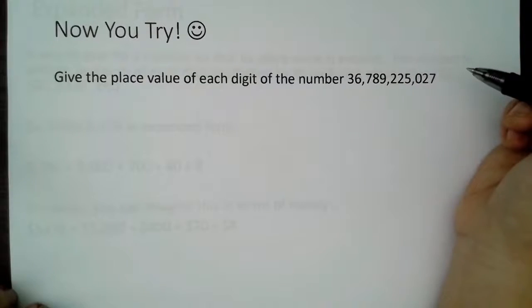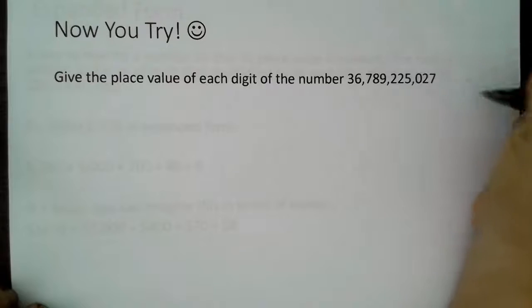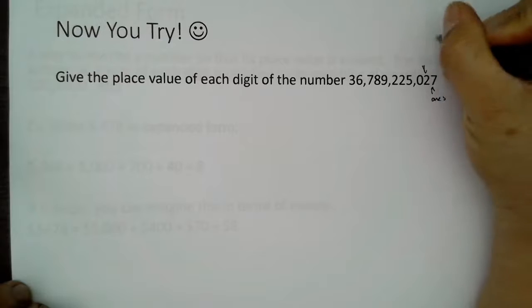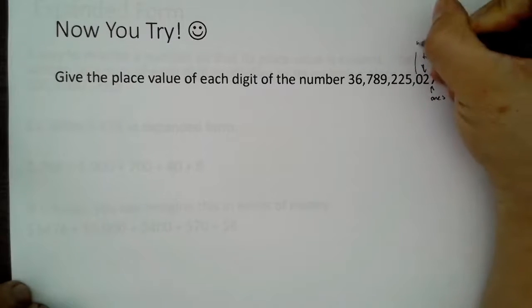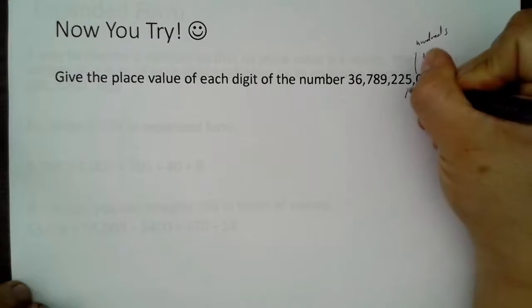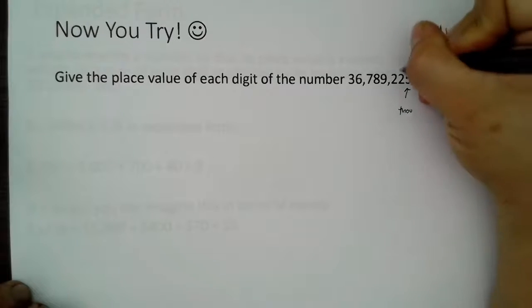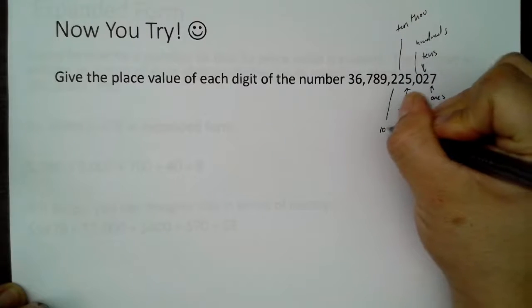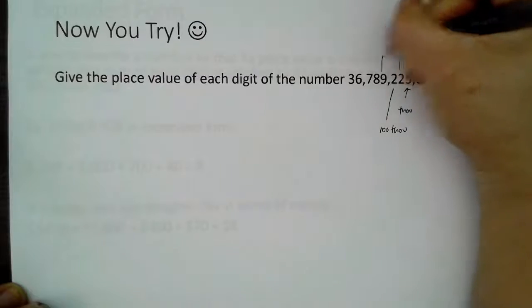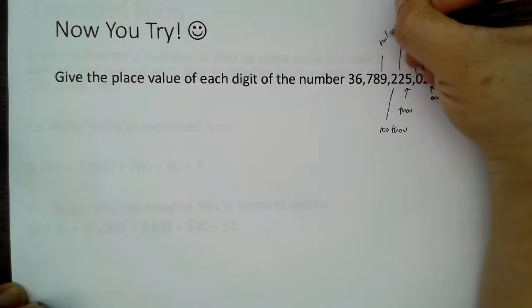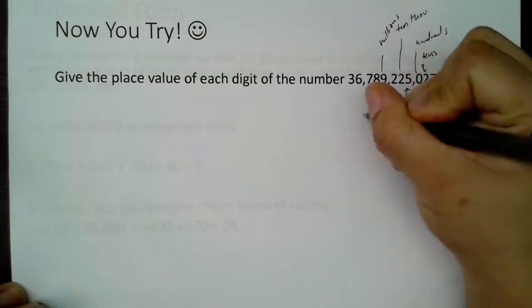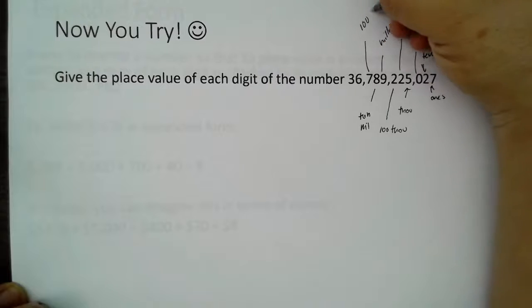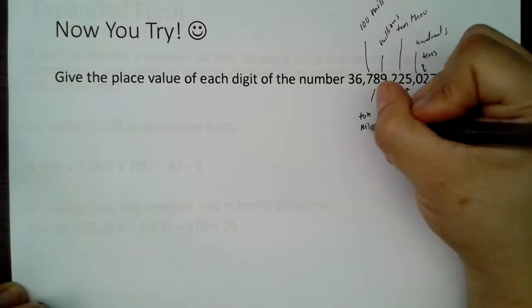And so assuming that you had paused, welcome back. This is the ones place, right? So there's 7 ones. This would be tens, and then you have hundreds, and then thousands, 10,000, and then 100,000. And then we would have millions, 10 millions, and then 100 millions, right?